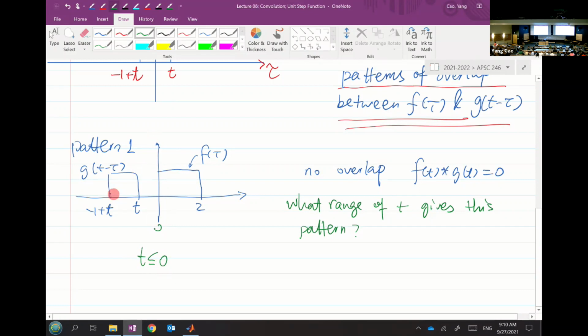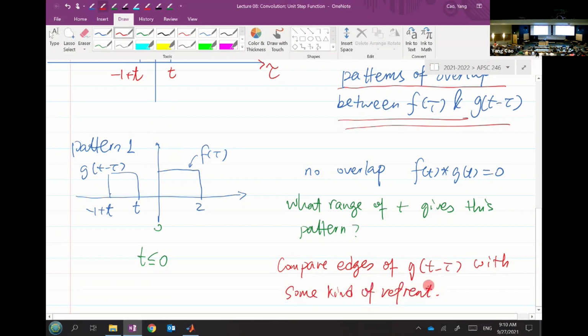That's guaranteed. So that gives you, based on the observation of the edge compared to some other reference. Essentially, for this particular step, you need to compare the edges of g of t minus tau with some kind of reference.